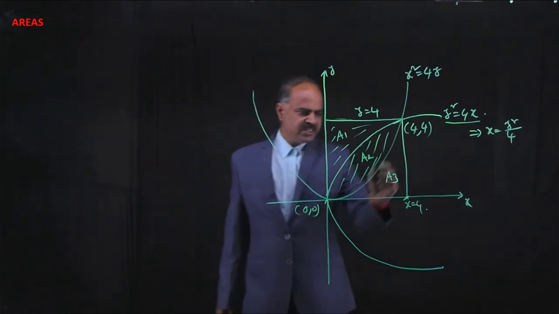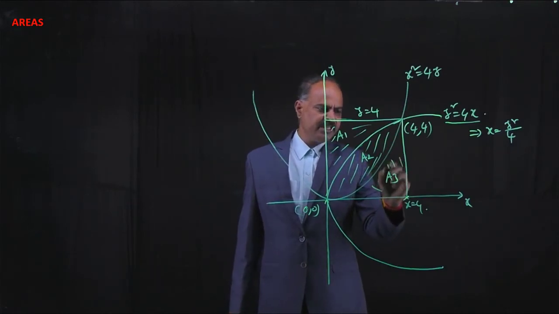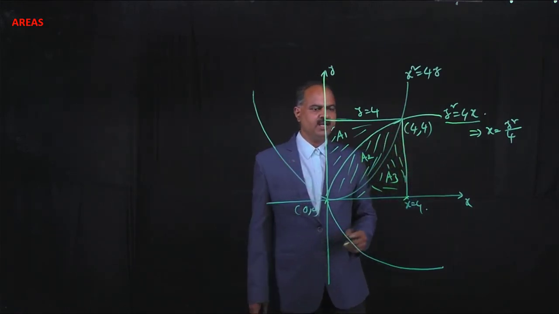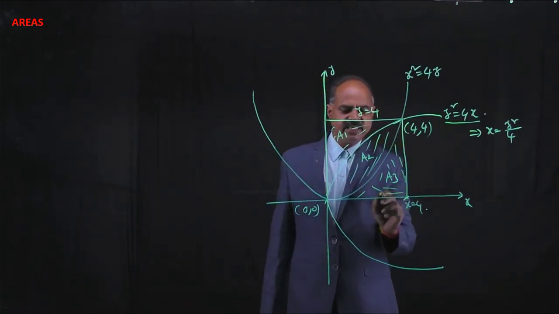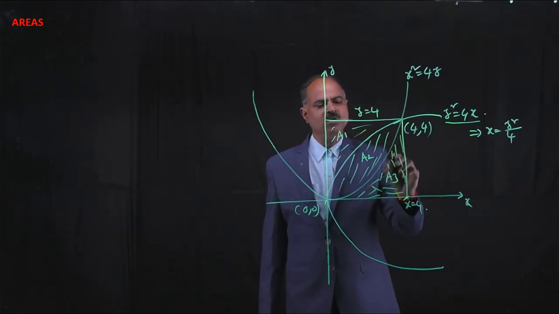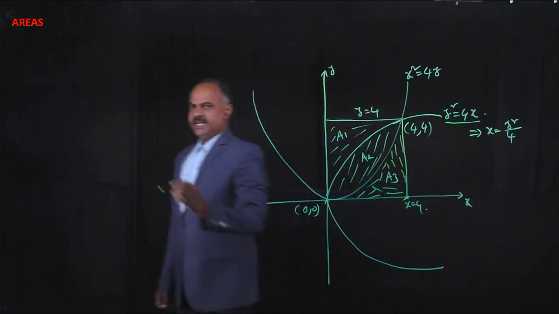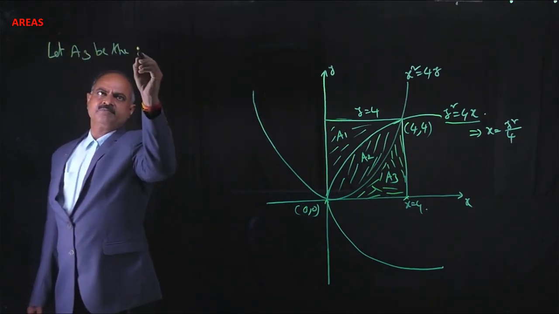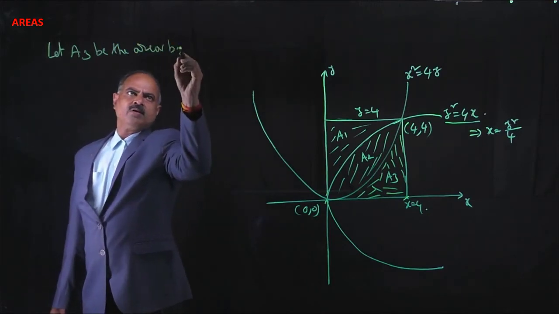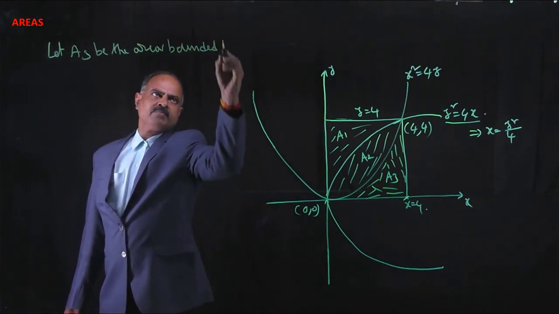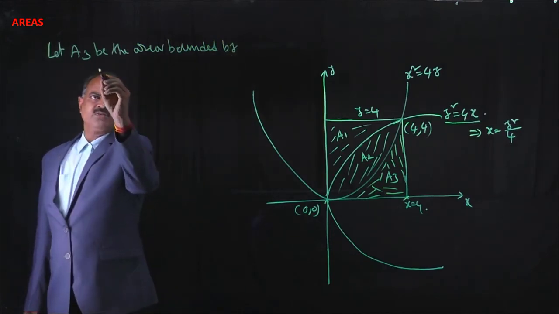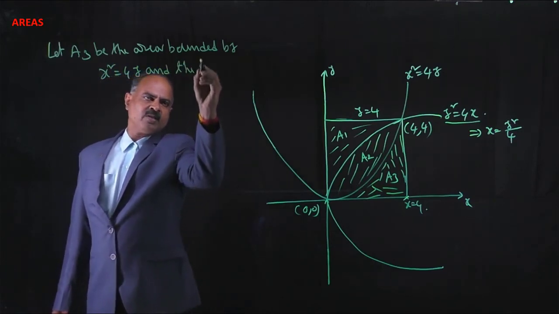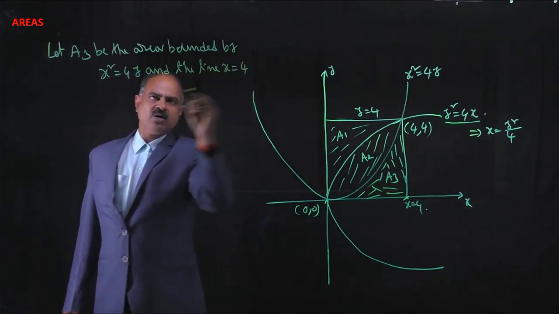Let A3 be the area bounded by the curve x square equal to 4y, the line x equal to 4, and the x axis.